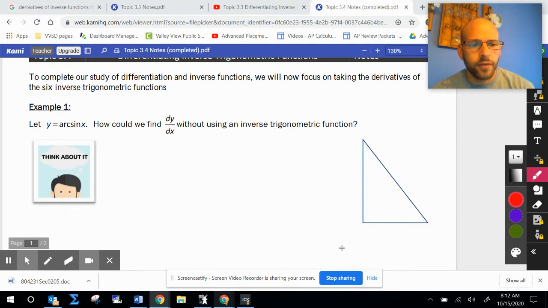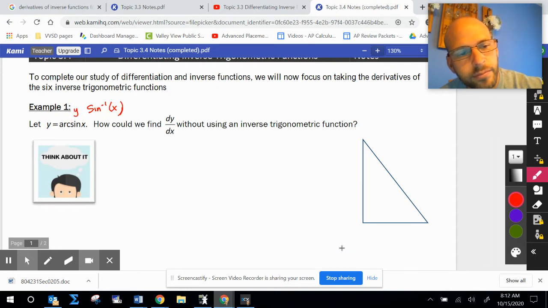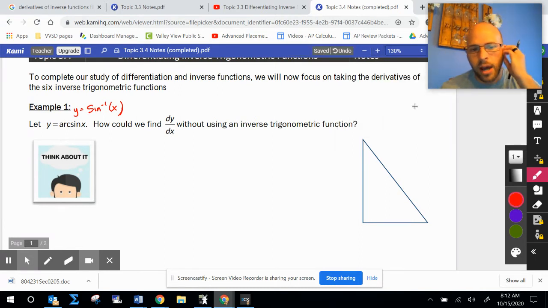So for example 1, if I let y equal arc sine of x. Now, I want you to understand arc sine is the same thing as saying sine inverse. So sine inverse of x, this is my inverse trig function. How could we find dy/dx without using an inverse trig function? So here's the idea.